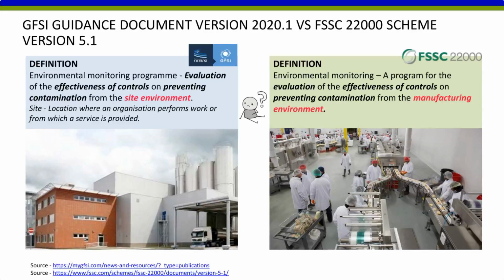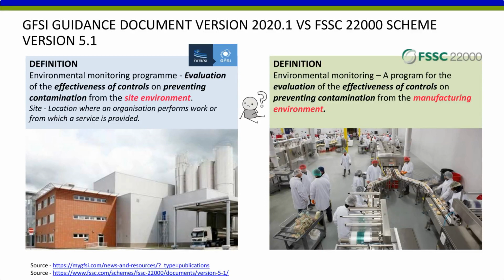So when we look at the definition for the environmental monitoring program, this is focused on the site environment. And then GFSI would say in their document that a site is the location where an organization performs work or from which a service is provided. So it's quite clear what a site is. And then we need to think about the environmental monitoring of the site environment.